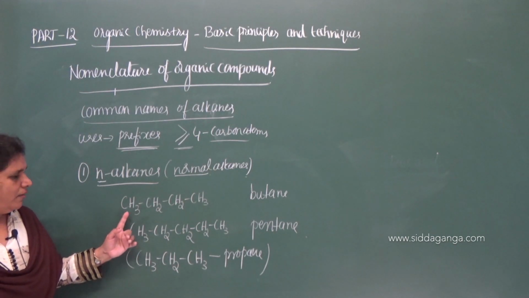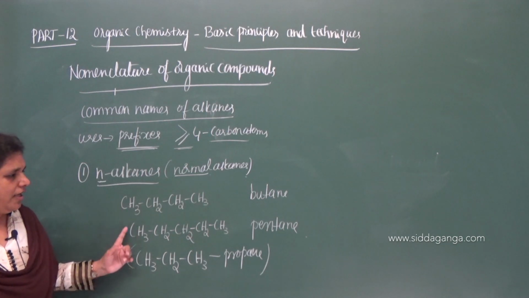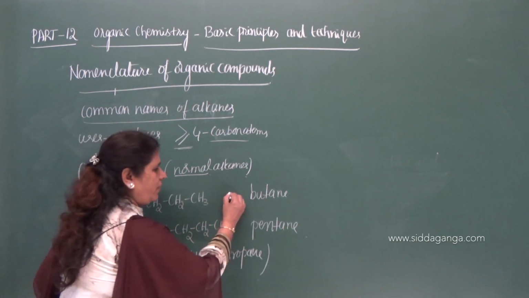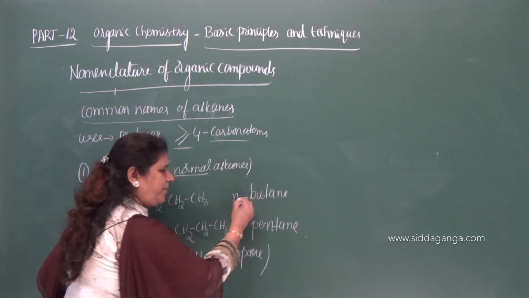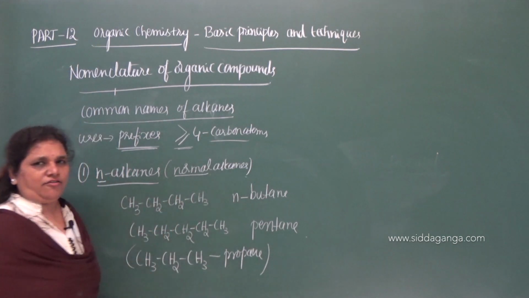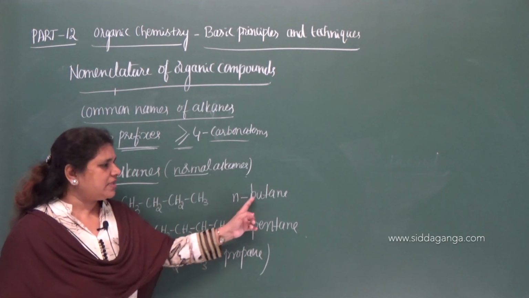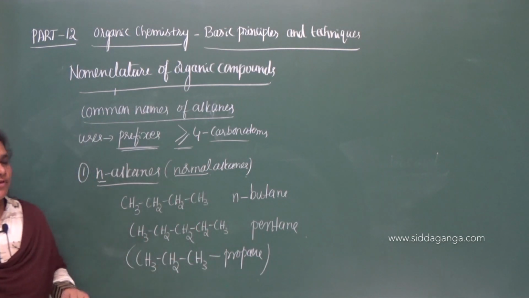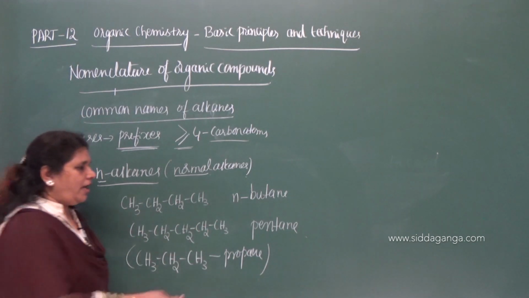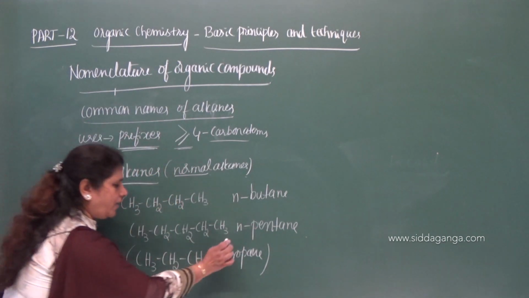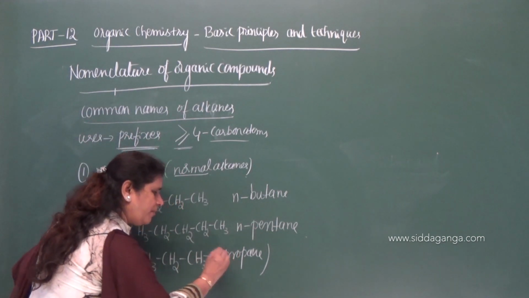So, while giving the name as butane or pentane, we have to use the prefix small n followed by a hyphen, to separate the prefix and the name of the alkane. We name this pentane as n-pentane, and this as n-propane.